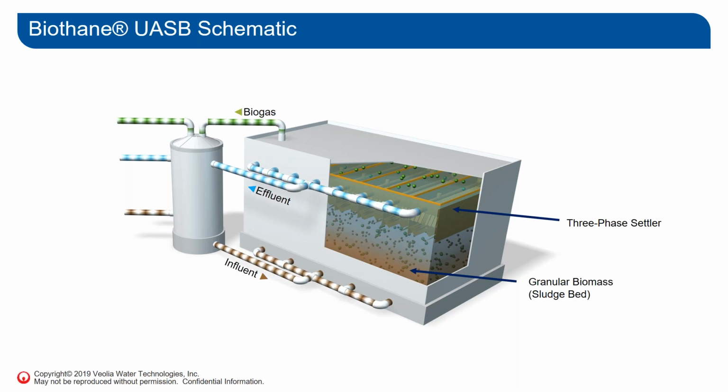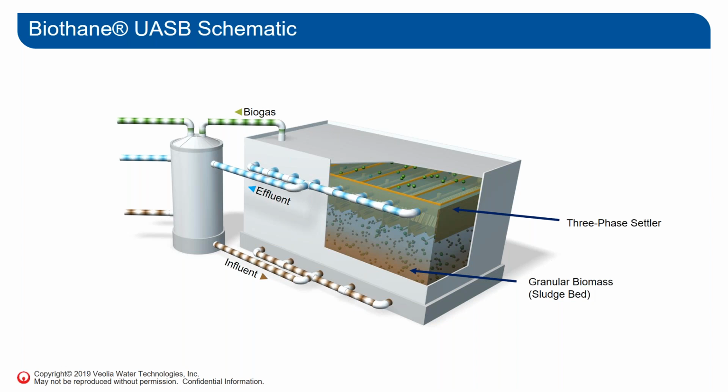And when the water passes upward through this granular sludge bed, the conversions take place and the water gets treated and the gas is formed. So in the top of the reactor, you see those 3-phase separators, or settlers as we call them, to separate the gas from the water and the biomass, because obviously the biomass has to stay inside the reactor and perform the reaction. The water and the gas have to leave separately on the top.